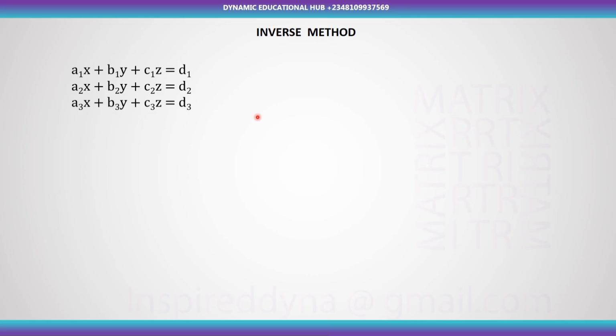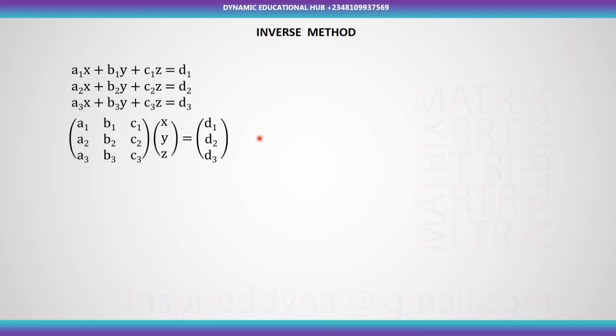Now let's say you have this, and out of this you can form a matrix. If you carefully observe, this matrix is formed from the coefficients of the unknowns, which are a1, b1, c1, a2, and so on. If you multiply it with the vertical matrix of the unknowns, you are still going to get the equations back.